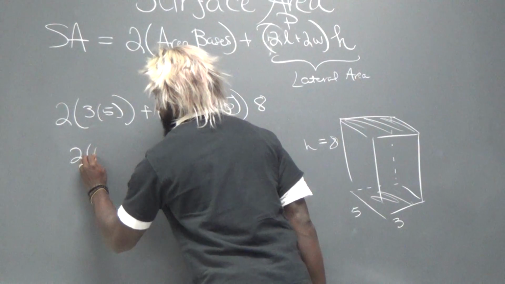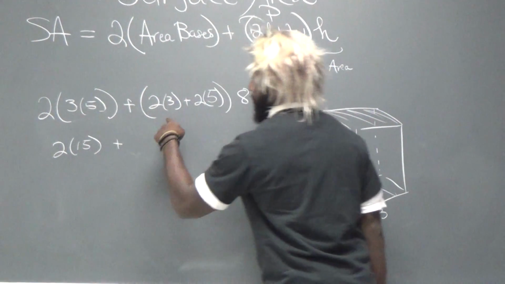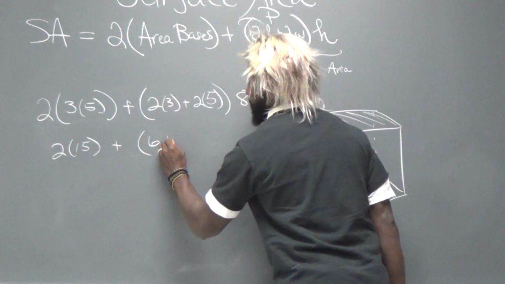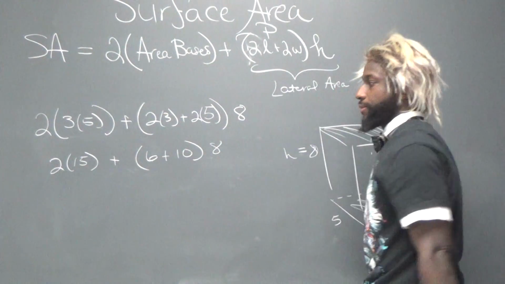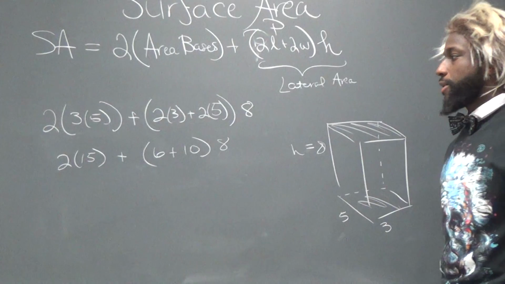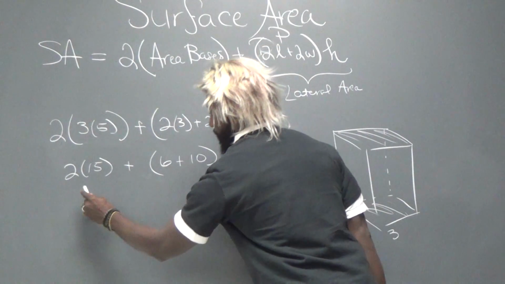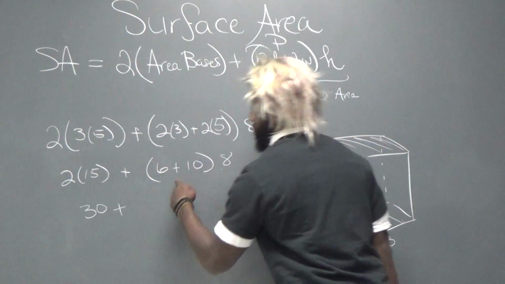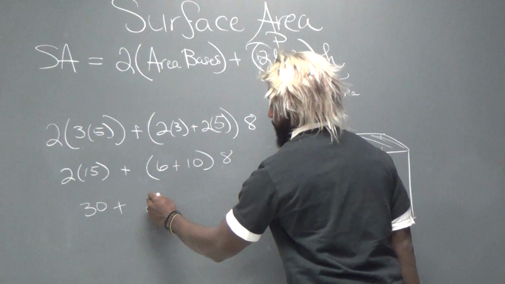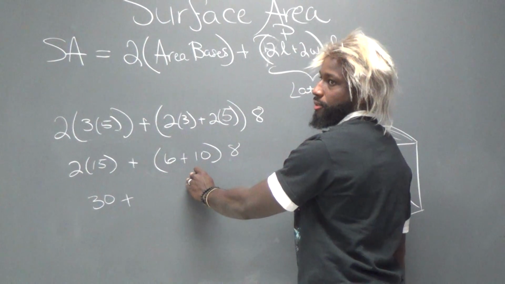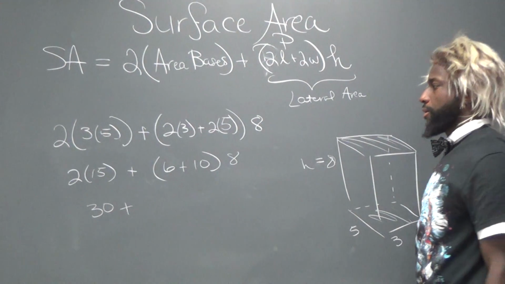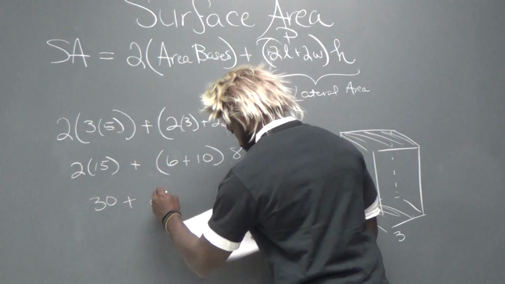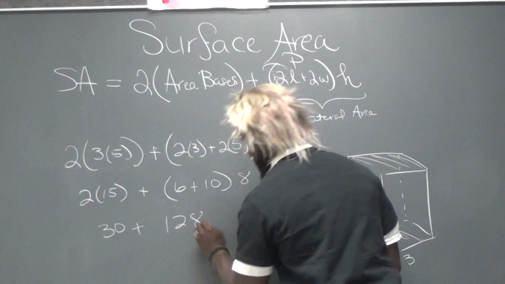So that's 2 times 15 plus 2 times 3, which is 6, plus 2 times 5, all times 8. Let's break it down some more. That's 30 plus 16 times 8. 16 times 8 is 128.